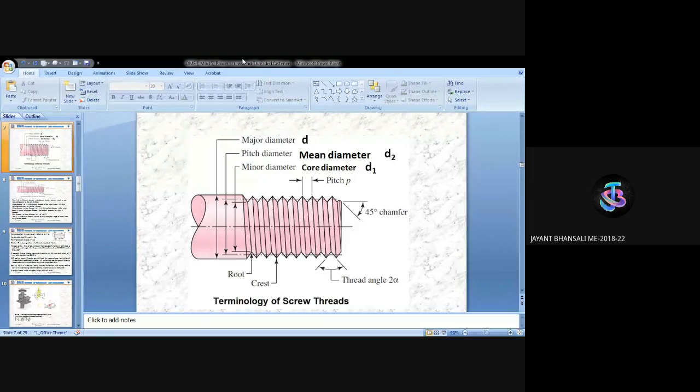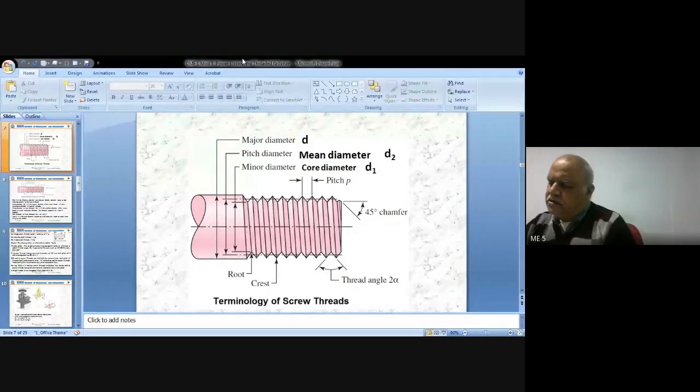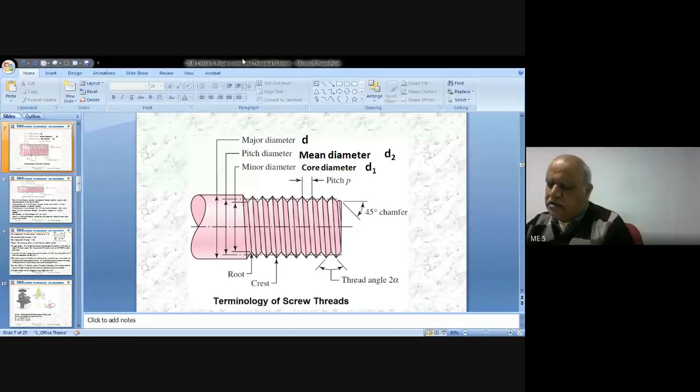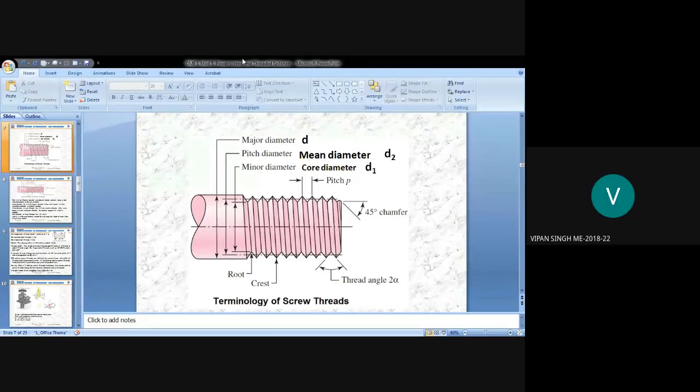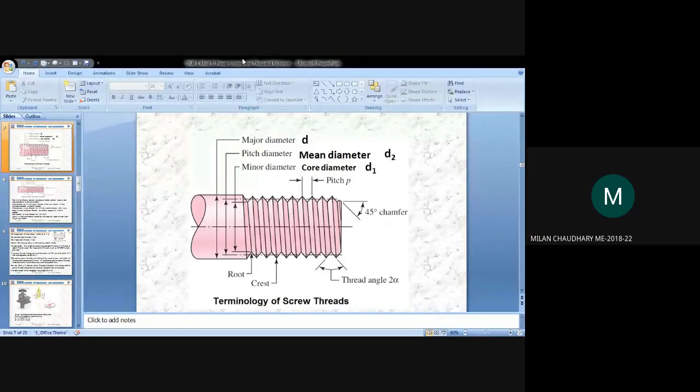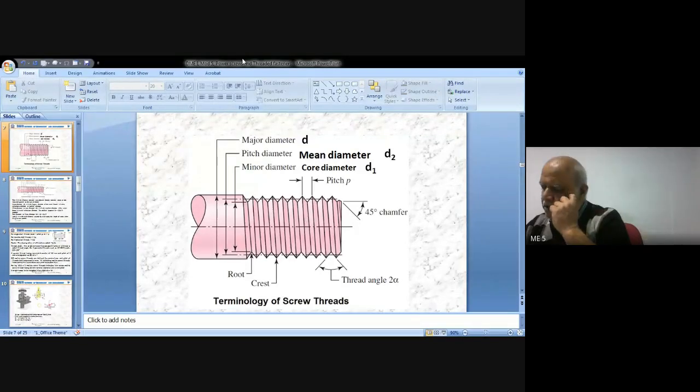Tarun is present, sir. His mic is not working. Who is that? Siddharth Sanu, is it? Tarun, sir, 60. Okay, Tarun, got taken. 62? Yes, sir. 65 present. Okay.